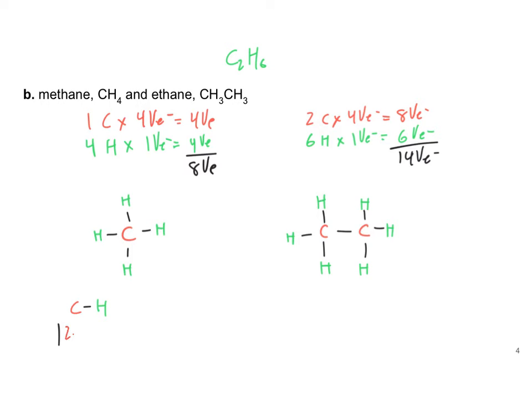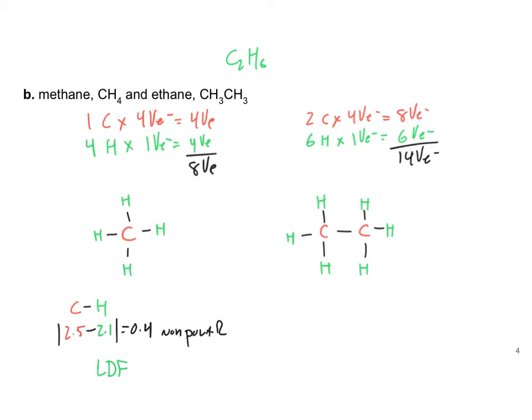I should know this. 2.5. And hydrogen is a 2.1. That one I do know. And I'm going to subtract that, and that gives me 0.4. So that is nonpolar. So all 4 bonds in this structure are nonpolar. So that tells me that the only type of intermolecular force of attraction that can be present is LDF.